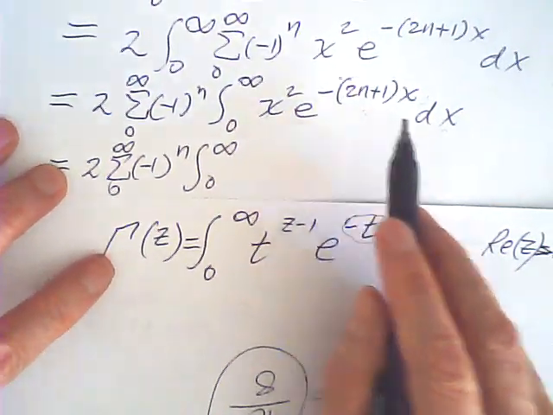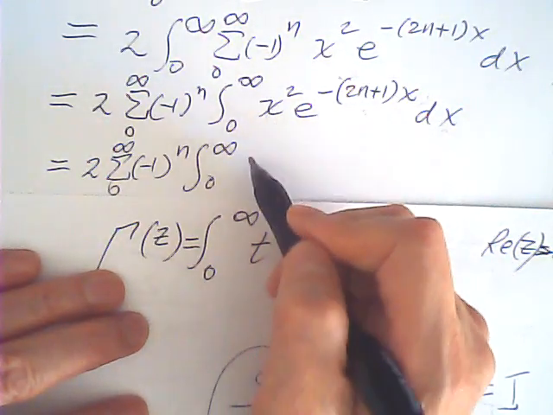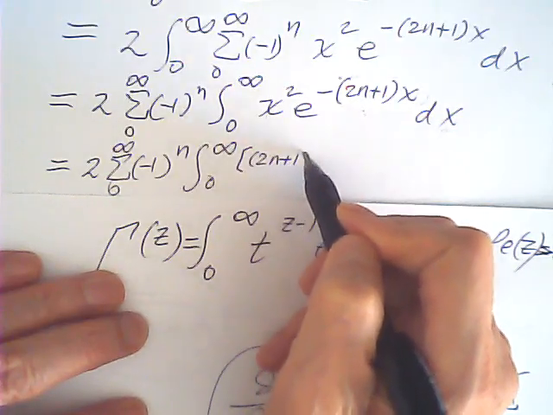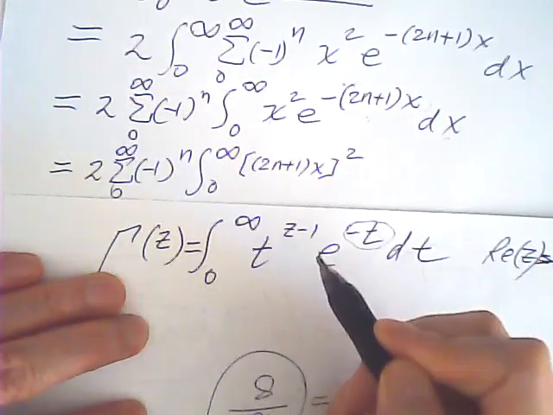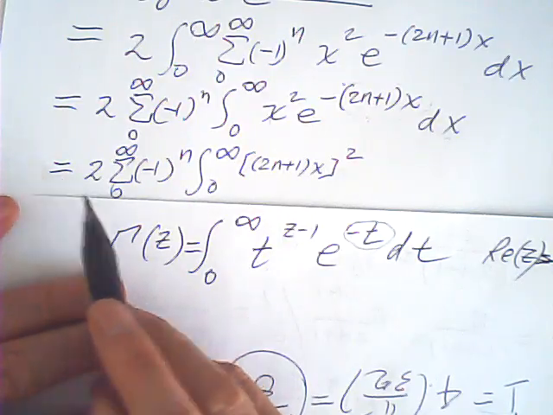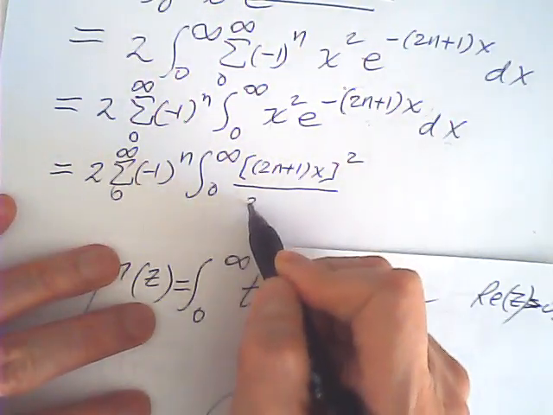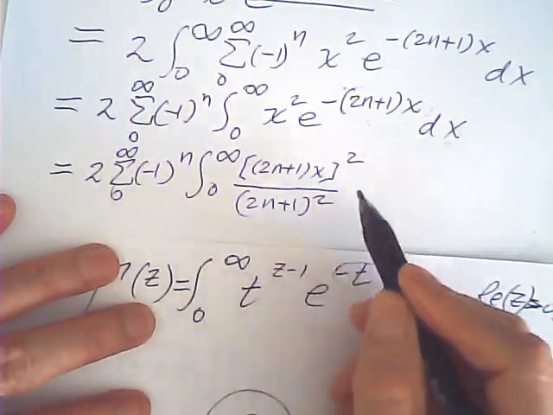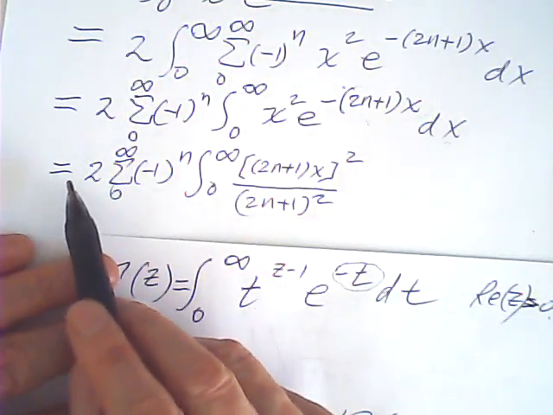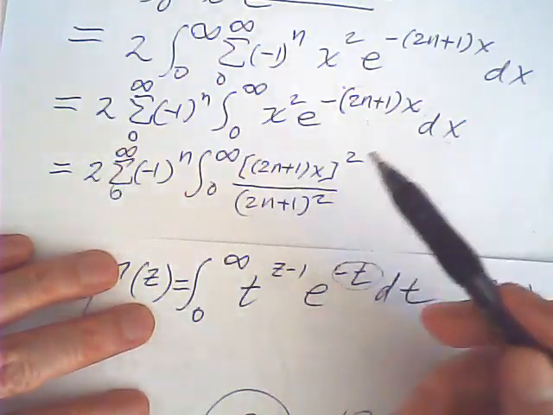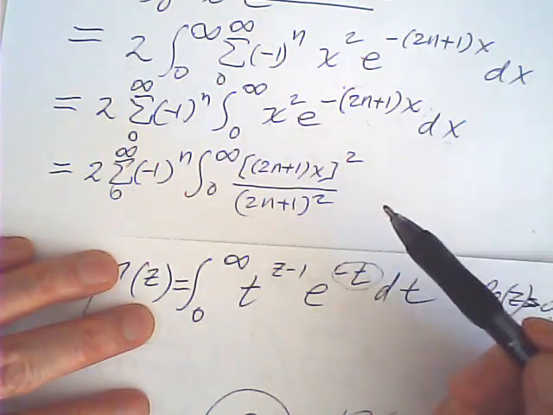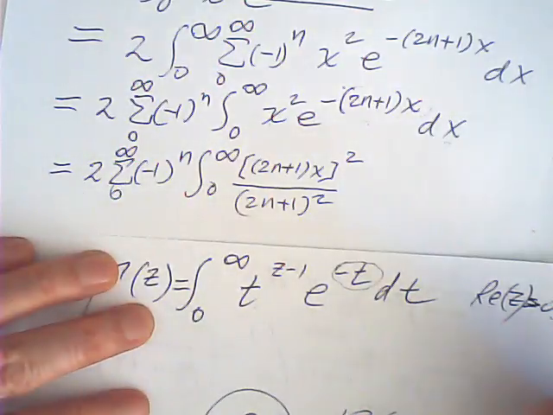What is t? t is 2n plus 1 times x. Squared, but I maintain the equal sign, so I divide by 2n plus 1 squared. What's the technique of integration? Just changing the integral function to what you want, at the same time that you maintain the equal sign.